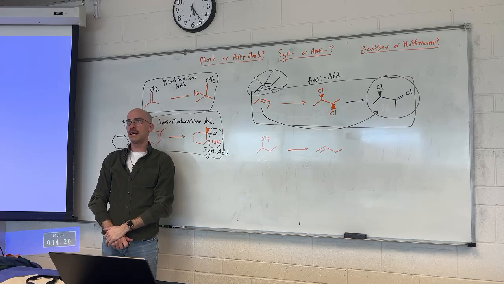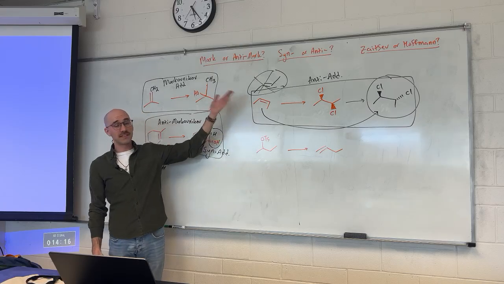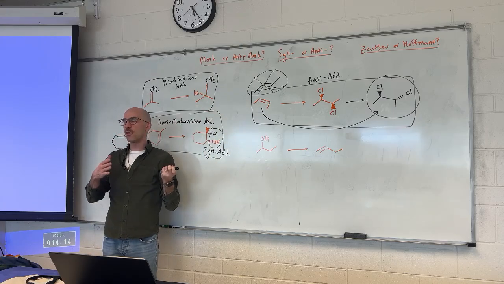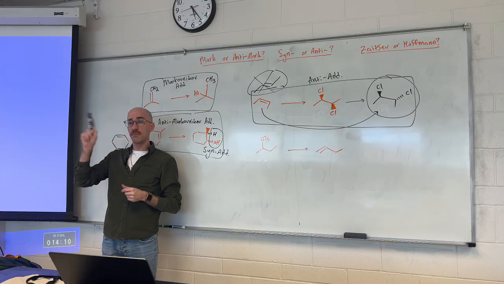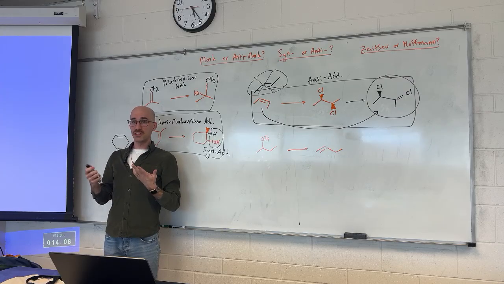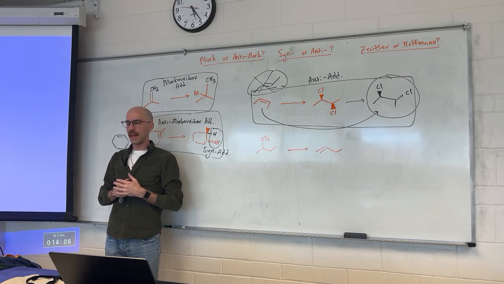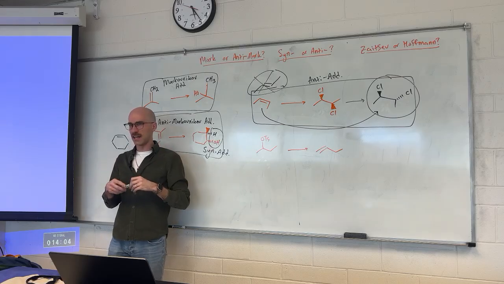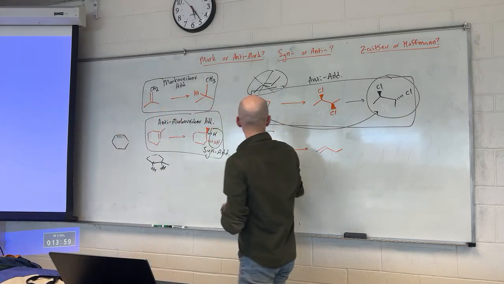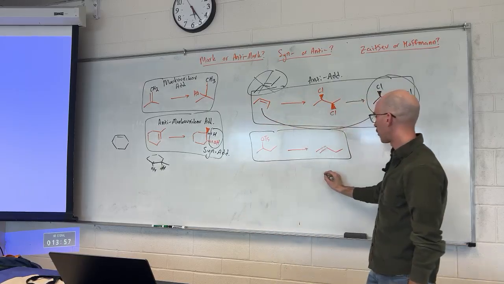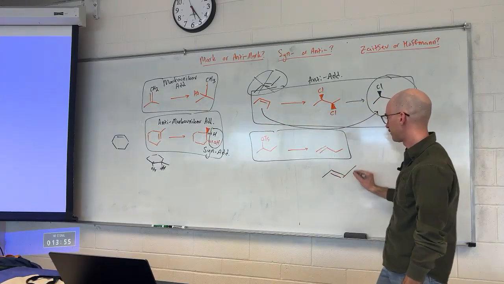Oh, but I guess I didn't really give this to you. So we're going to use Zaitsev or Hofmann here, Zaitsev or anti-Zaitsev. All I gave you was that Zaitsev forms the more stable, the more substituted alkene. Hofmann goes for the less stable, less substituted. There was another option for an alkene to form here.